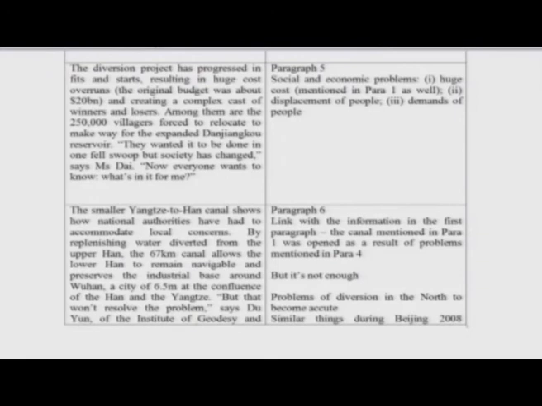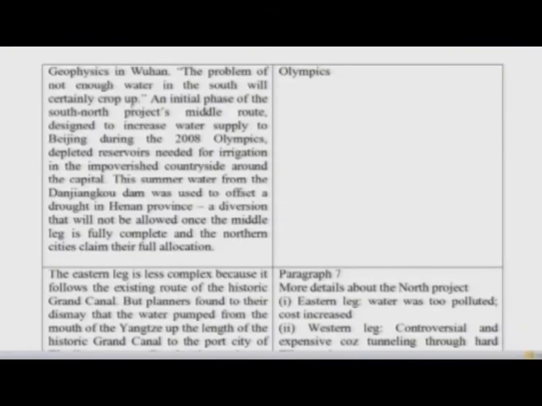But that will not resolve the problem, says Du Yan of the Institute of Geodesy and Geophysics in Wuhan. The problem of not enough water in the south will certainly crop up. An initial phase of the north-south project's middle route, designed to increase water supply to Beijing during 2008 Olympics, depleted reservoirs needed for irrigation in the impoverished countryside around the capital.